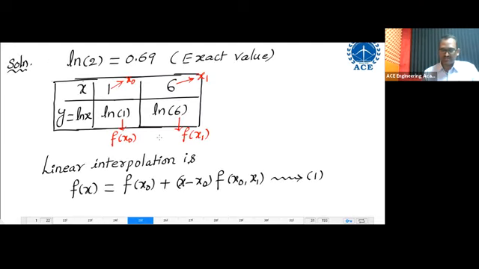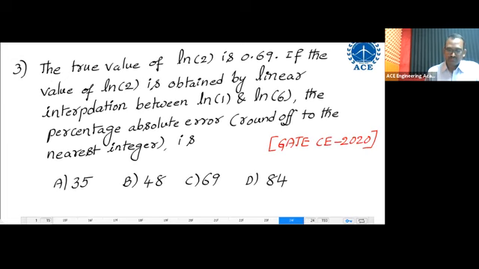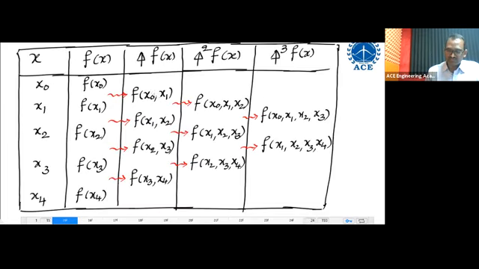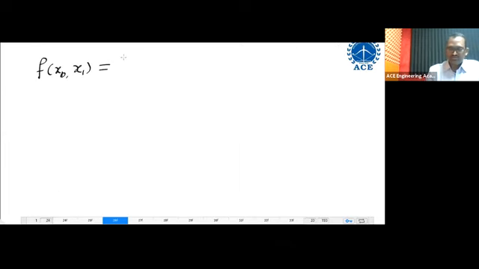It lies between these two points, so it is end point minus initial point divided by end point minus initial point: f of x1 minus f of x0 by x1 minus x0.